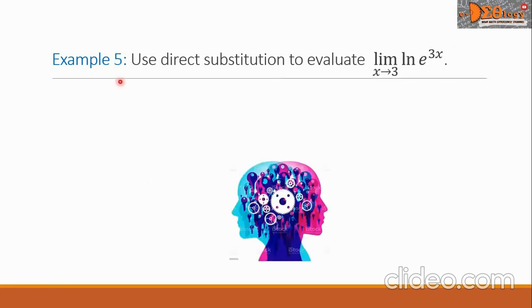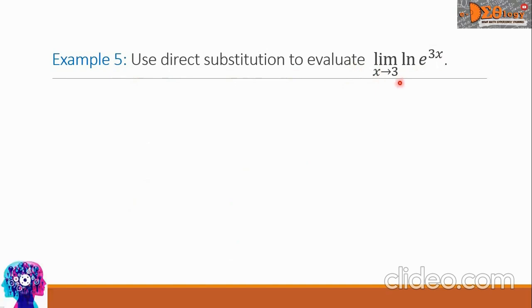Example 5. Use direct substitution to evaluate the limit of the natural log or ln of e raised to 3x as x approaches 3. For our solution, let us copy this problem down here. Let us substitute the 3 to the x here. So we have ln of e raised to the quantity 3 times 3, and 3 times 3 is equal to 9.